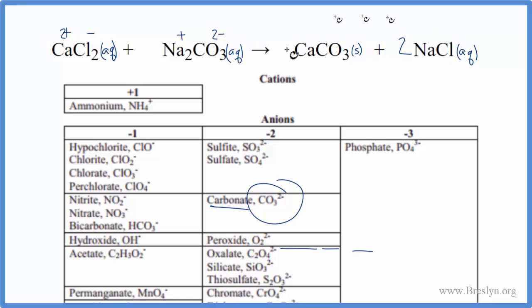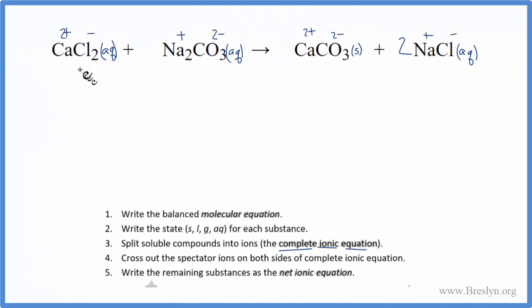And now I know these as well once I figured these out. So 2 plus, 2 minus, sodium is the plus, and the chlorine's minus. So we have the charges. Now we can split them up in the complete or total ionic equation. So I write Ca 2 plus, and I'm not going to write aqueous each time. We'll just do that at the end.